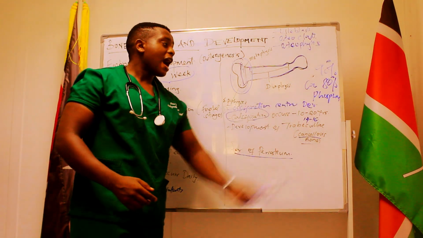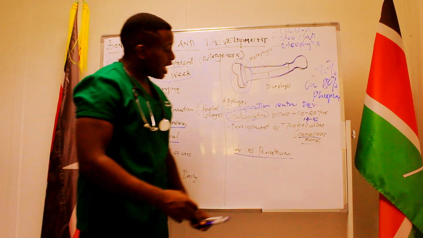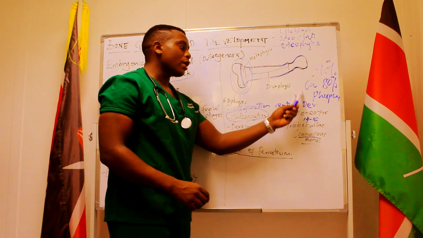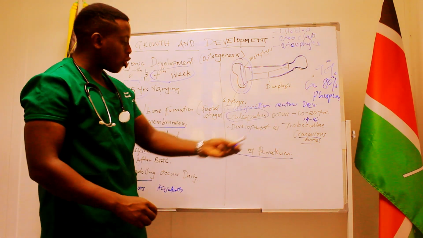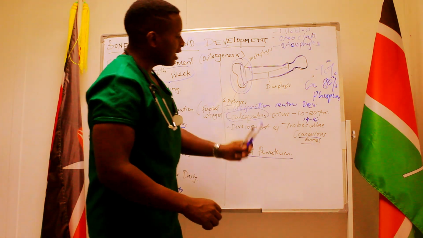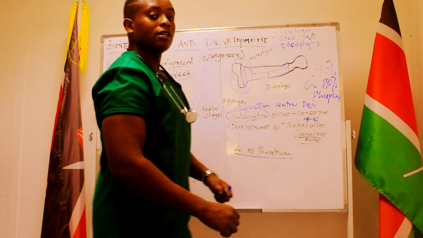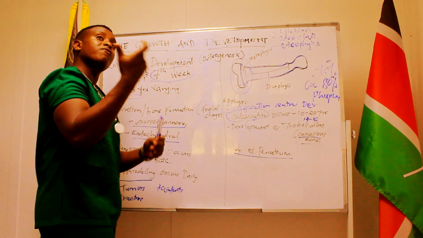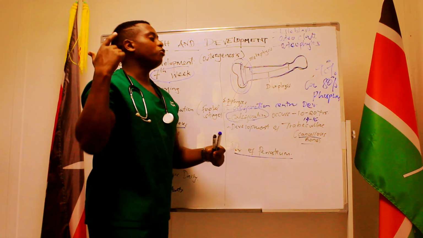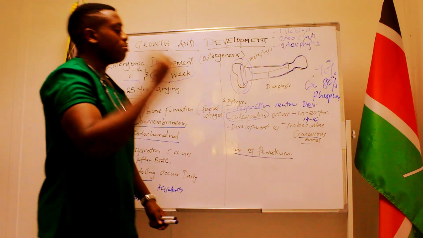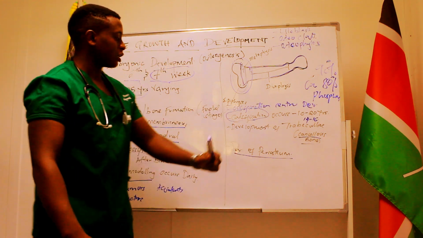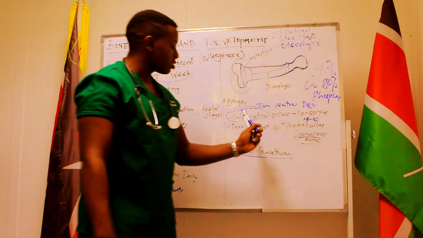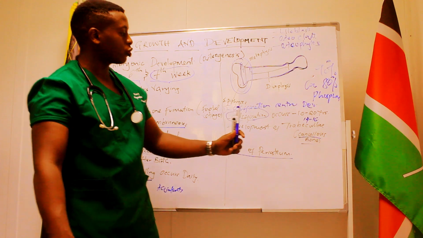So bones are a store for minerals. And so calcification is where this calcium is deposited into the bones. Calcium is deposited from your blood where you consume it. Maybe you have taken calcium tablets, maybe you have taken calcium supplements, maybe you have eaten food that has calcium. They are deposited into the bones in a process called calcification.